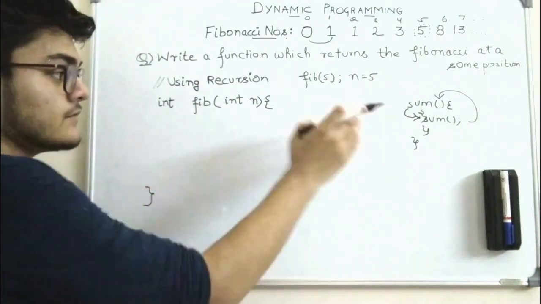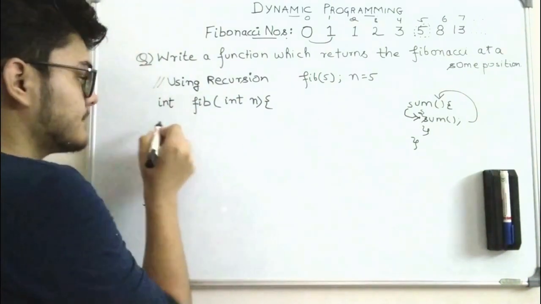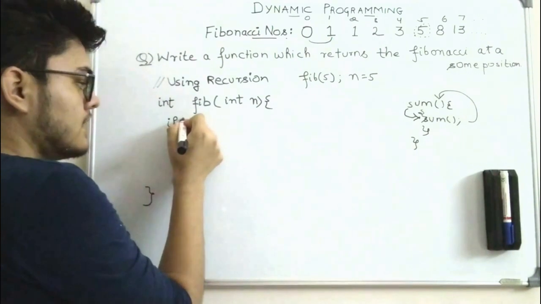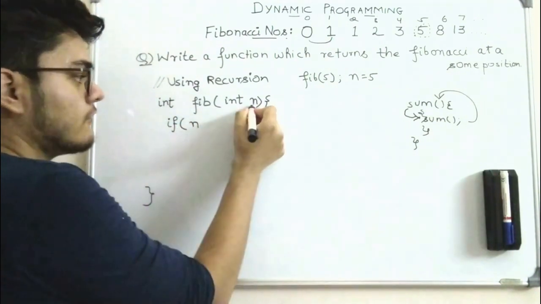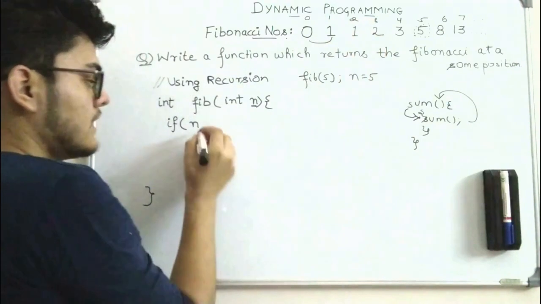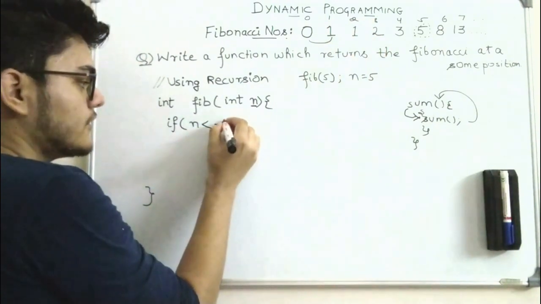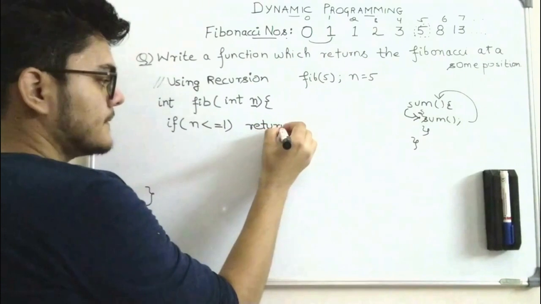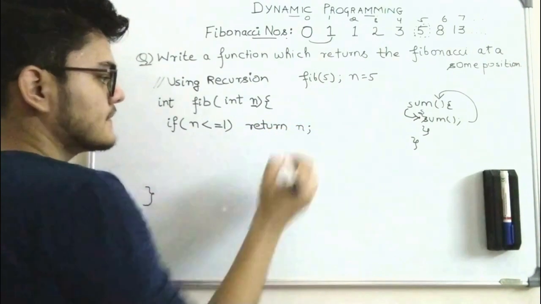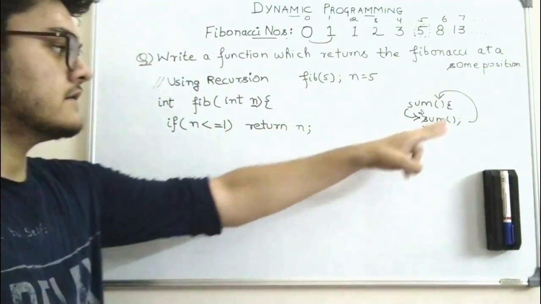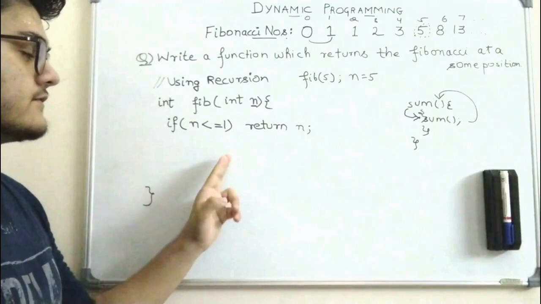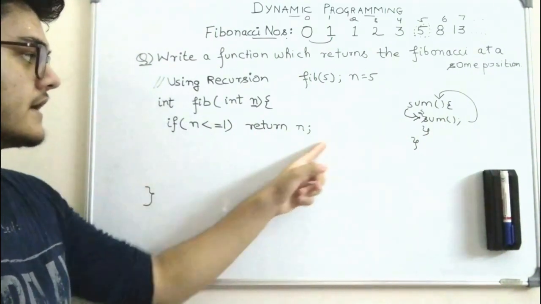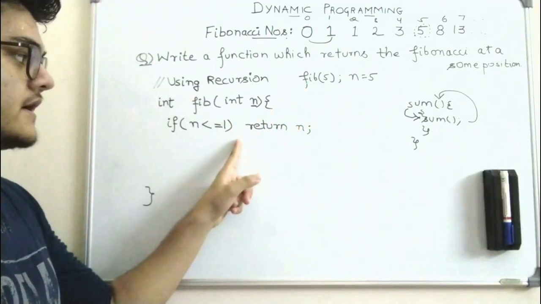So that is what we are going to do in the first step. We are going to write a condition that if the value of n, which means the position, is less than or equal to 1, then we are going to return n. Whenever the recursion goes on inside this function, it will first check the condition.